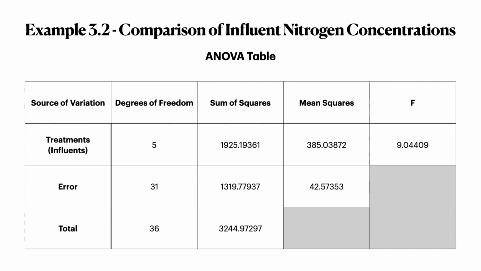Let me just point out that the ANOVA table is not only a way to help display the work that we've done, but it also helps facilitate the calculations for the mean squares and the F statistic. Once we have the degrees of freedom filled in, and we've calculated the sums of squares, we can calculate the mean squares by dividing the sum of squares in a particular row by the degrees of freedom in that row.